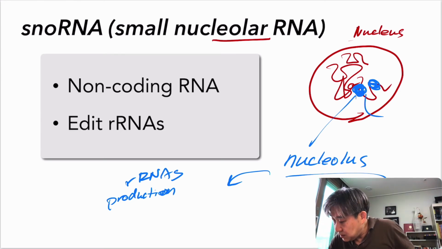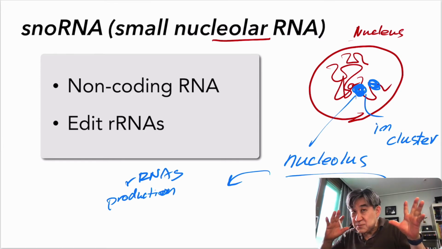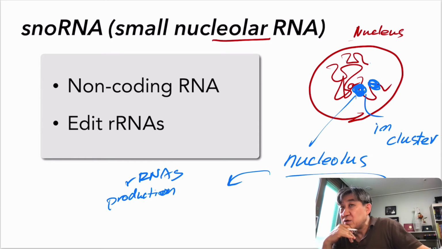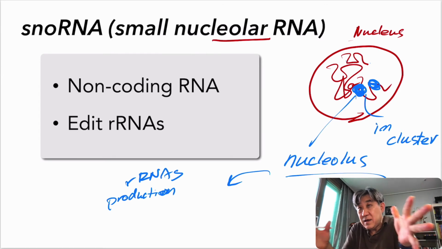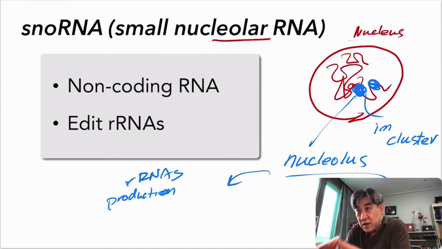Ribosomal RNA genes are usually not spread over the whole entire DNA on the chromosome, dispersed here and there, but they are tightly present in the same location together.